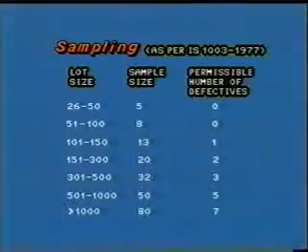Next, we come to sampling. The number of samples which are to be tested out of a lot and the number of permissible defectives are given in the table. For example, in a lot size of 26 to 50 shutters, sample size is 5 shutters and permissible number of defectives is 0.